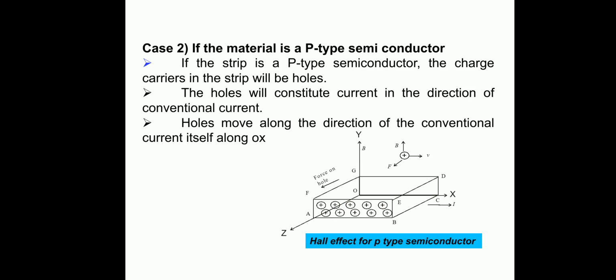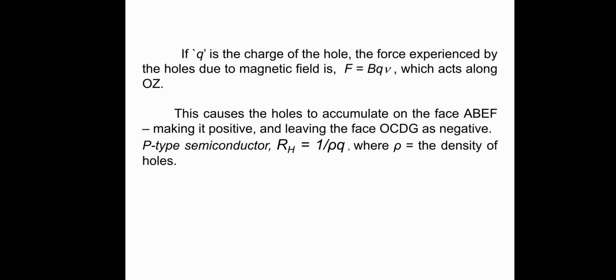So if the conventional current flow direction we took as OH, the holes will also move in the same direction as the conventional current, that means in the OH direction. If the charge of the hole is Q, then the force experienced by the hole due to the magnetic field we can represent as F is equal to BQV, which acts along the offset direction.